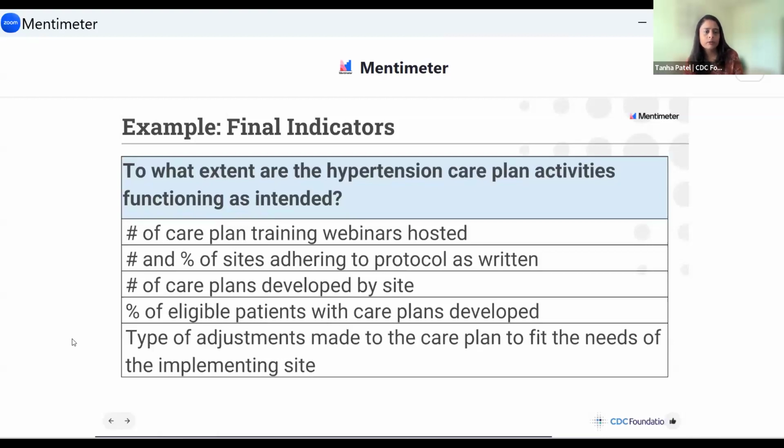And we also have type of adjustments made to the care plan to fit the needs of the implementing sites, because if the care plan initiative is being implemented in multiple sites, you may have variances being adapted based on the unit or based on the site itself.